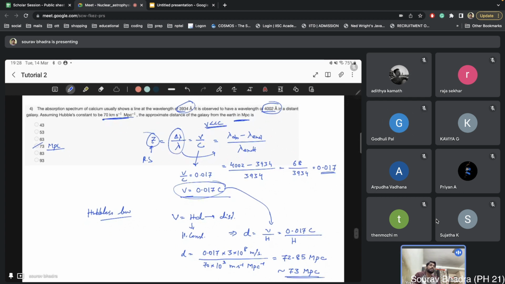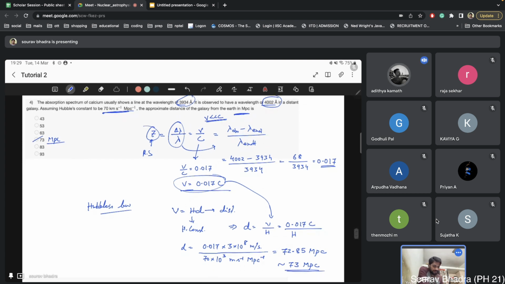Yeah, that is what I am telling, that it should be mentioned. Otherwise, a range of H is there, and you can take any of the values. So I don't know exactly what value they will take for this particular thing, but I cannot comment on that. So I think, as the other students are telling, 75 would be the right answer, because it is near to 73, not 65. That will be much lesser.